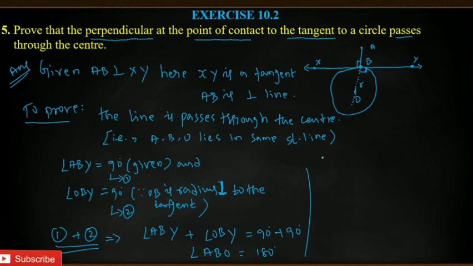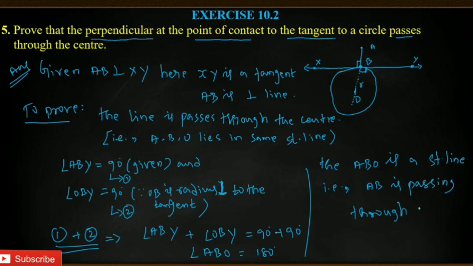In a straight line only you will get 180 degrees. That horizontal line. So it's a straight line, in the sense that the line AB is passing through the center point O. That is only what they asked you to prove. Yes, we got it. I hope you understand this.